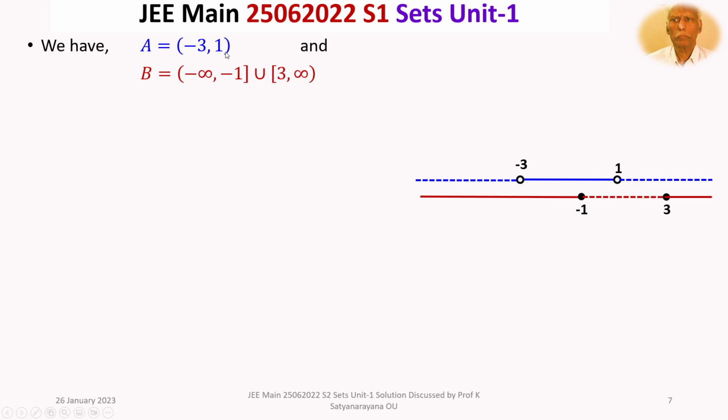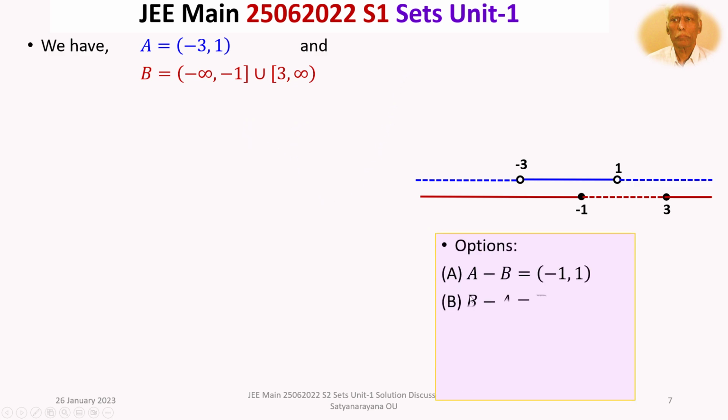Now we have A and we have B. Representations are known to us. Now let's look at our options.